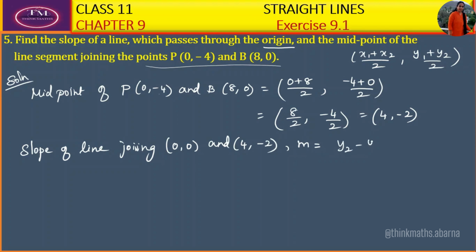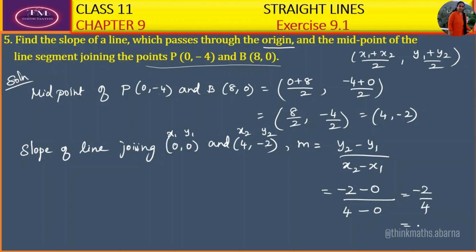It is y2 minus y1 divided by x2 minus x1. This is the slope formula. Here this is x1, y1 and this is x2, y2. So y2 is minus 2, y1 is 0, x2 is 4 and x1 is 0. So we will get minus 2 by 4, which is equal to minus 1 by 2. So this is the slope of the line joining the origin and the midpoint.